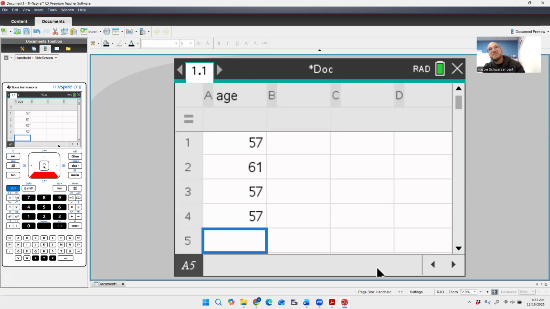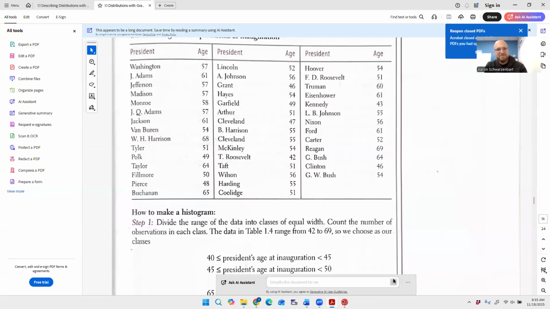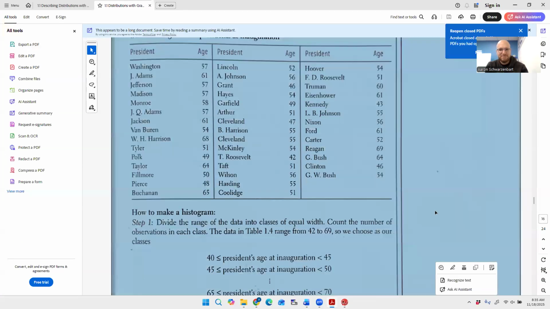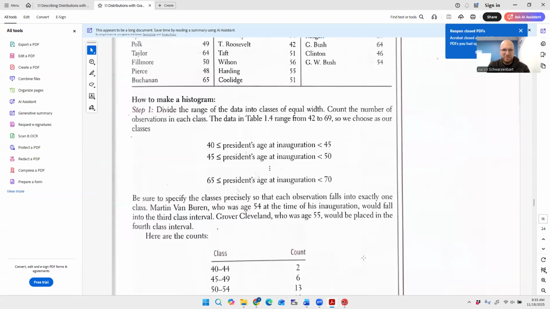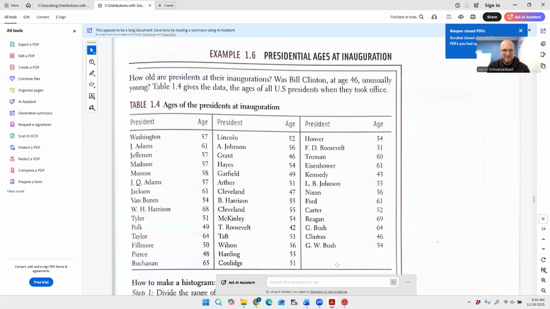This is the ages the presidents were inaugurated at. It is useful to potentially have a count of how many people there are for presidents.